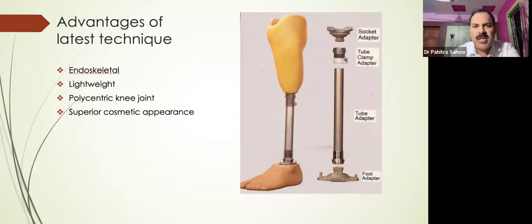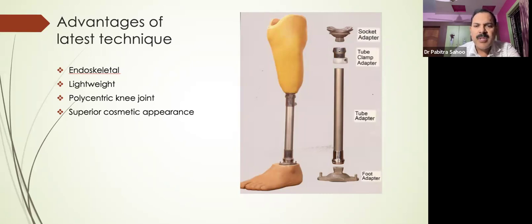Endoskeletal prostheses are the most advanced form, and different components are available for them, like different types of socket, knee joint, and foot. All these things decide the quality of the prosthesis and the functional ability of the prosthetic users. So basically these advanced prostheses are endoskeletal in nature.